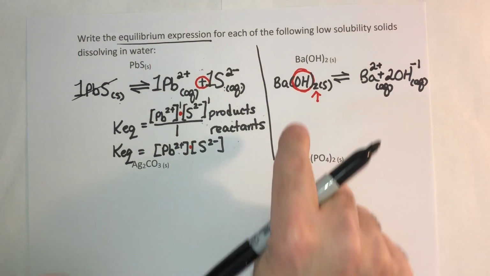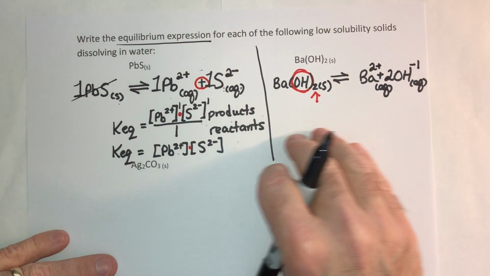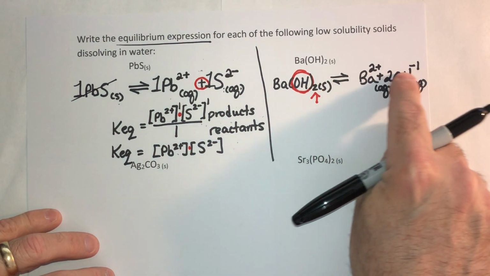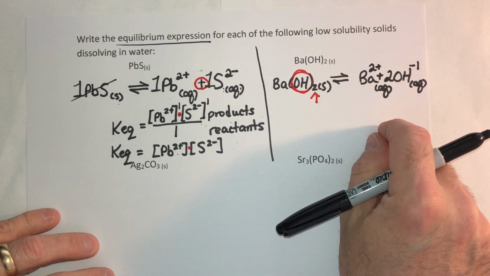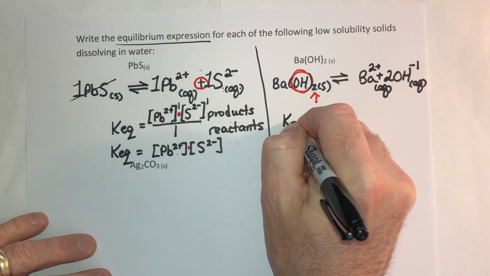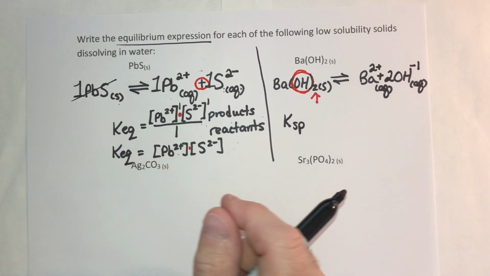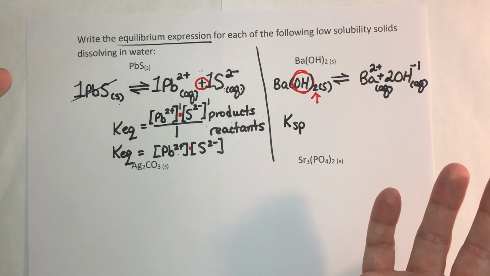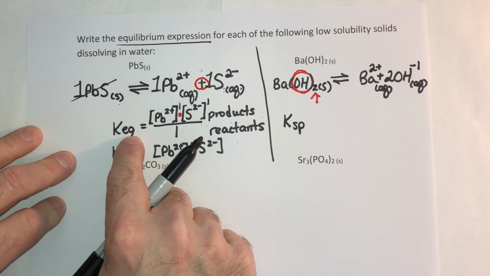In these problems, this is going to be your hardest step. Writing your equilibrium expression is relatively straightforward, but making sure you get this original equilibrium correct, that's what's going to give you some trouble. So if we do write our equilibrium expression, it is KSP, and over here I put in KEQ, because when you're talking just in general, equilibriums are often just called Ks, or KEQ for just equilibrium.